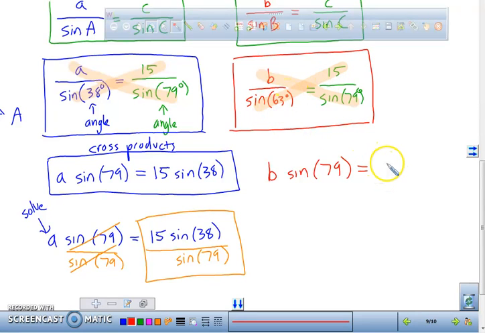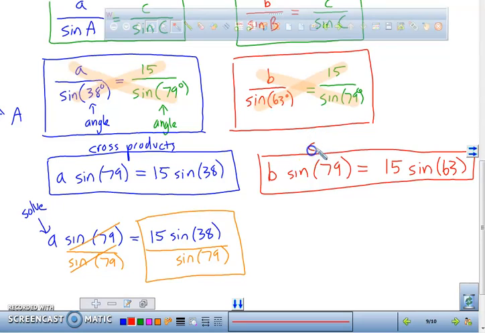What am I going to write? 15 sine 63. And what does this right here represent? That's the cross products of the proportion. So I'm going to rewrite it before I divide.